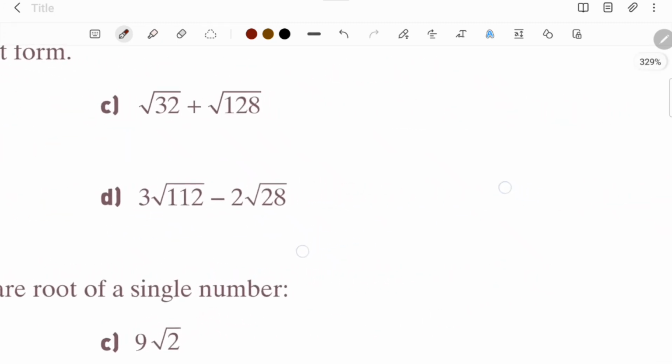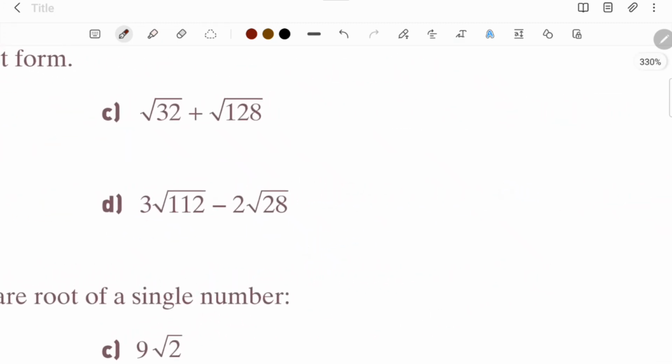C, surd 32 and surd 128. Okay, so surd 32, we know that 32 is actually 2 to the power of 5.